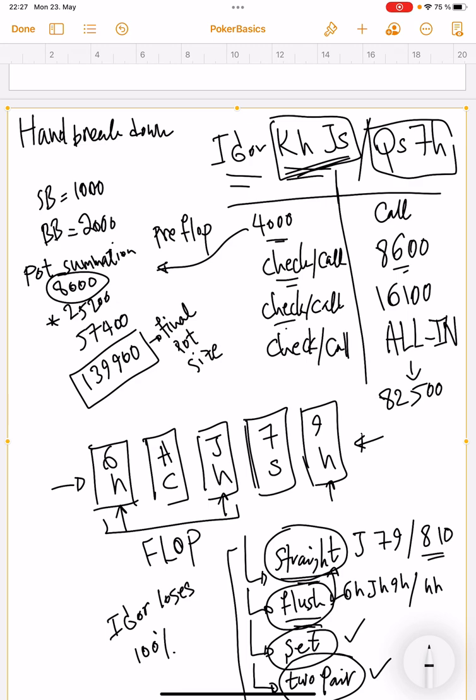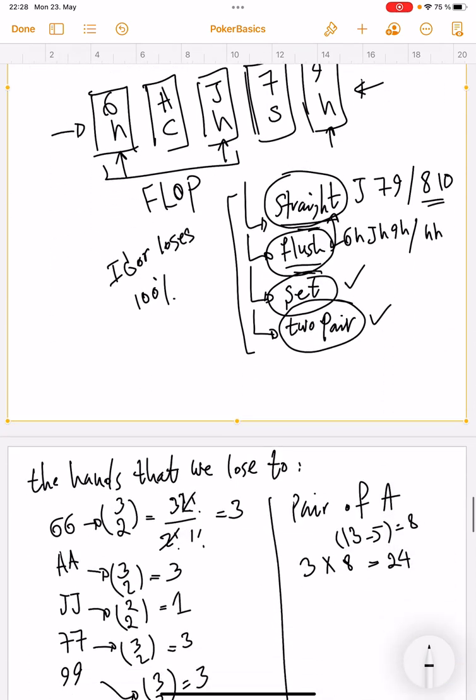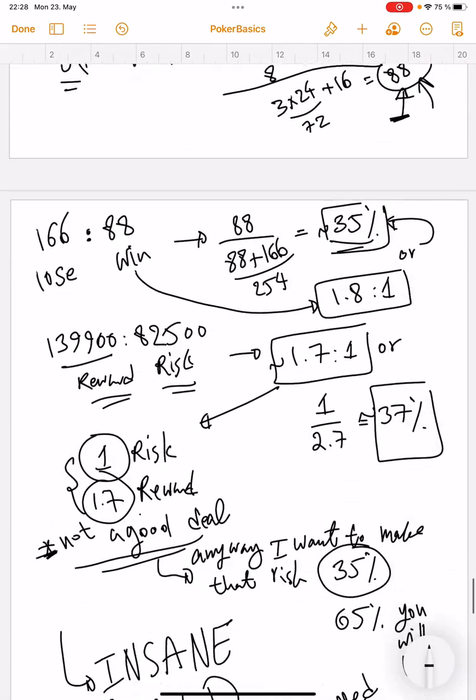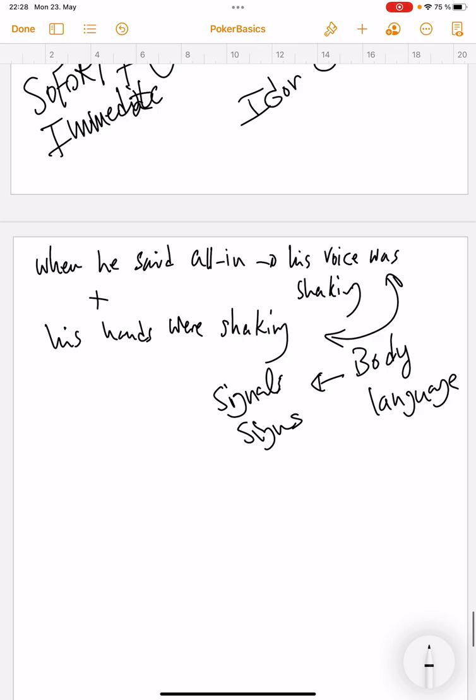And then he checks again, and he puts another 16,100, which means the total pot was 25,000. It's like 80% of the pot. And then suddenly on the river you're shoving all in. Something doesn't make sense here. Plus, he sees that his voice is shaking, his hands are shaking as well, and he calls.